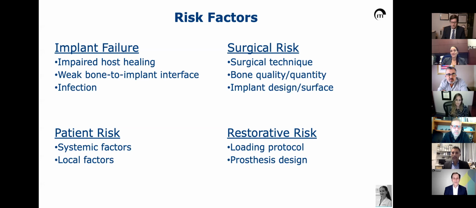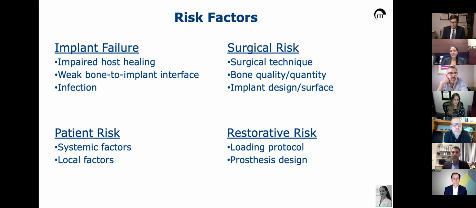What about local factors? I talk about all the time that patients will have endo and retreatment and apicoectomy and periodontal surgery. And then after all that fails in some circumstances, what are we left with? Is it an ideal site where our patients can really get implants and maintain them, especially to support a full arch prosthesis? And then, of course, the surgical risk.